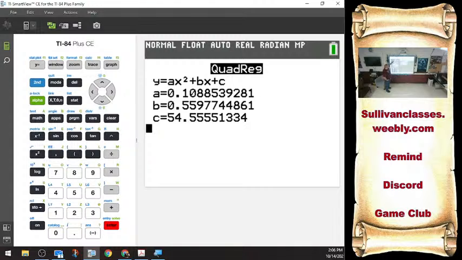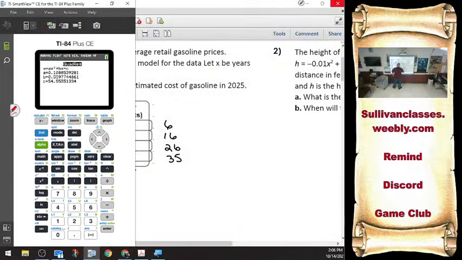So I've got y is approximately, because I have decimal cutoff here, 0.109x squared plus 0.56x plus 54.556.